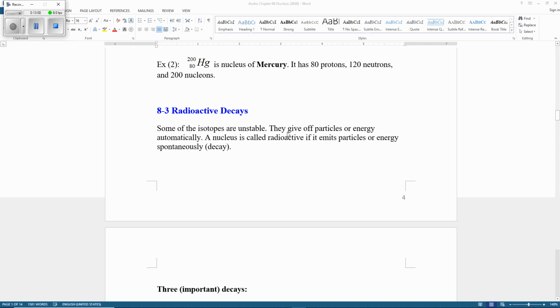Unstable means they are going to give off, to release, particles or energy automatically. If some isotopes give off particles or energy, we call them radioactive. We call them radioactive if they give off particle energies.